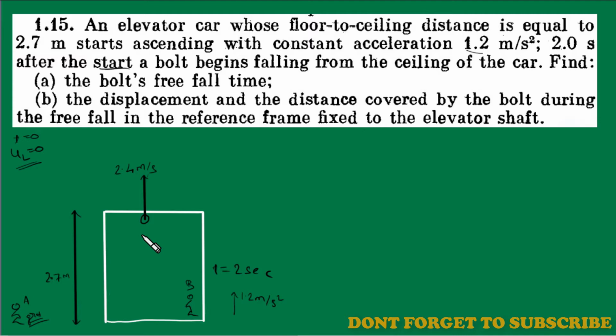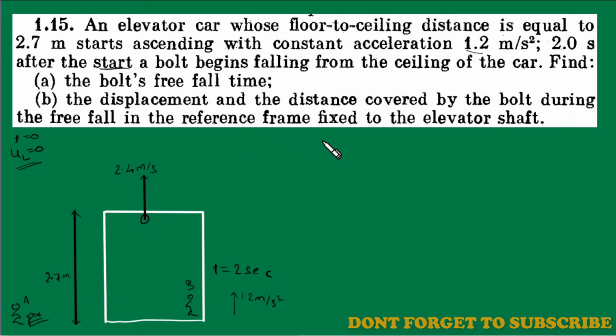So after detaching, this bolt will be moving only under the effect of gravity, or let's say it is falling freely. That's what we call free fall. If a particle is doing motion only under the effect of gravity, we say that the particle or object is in free fall.